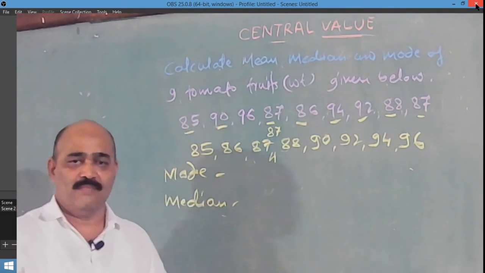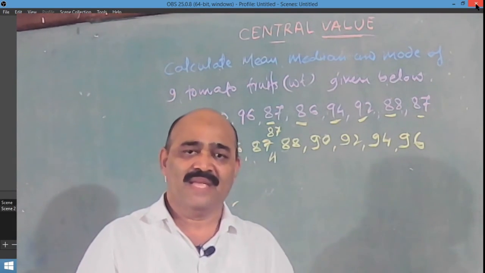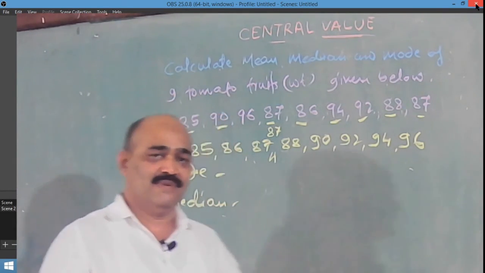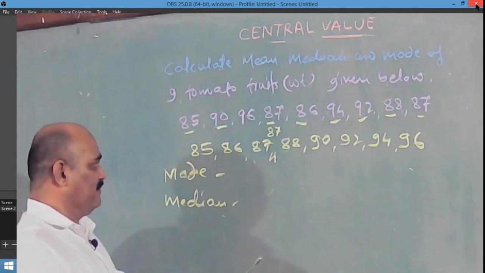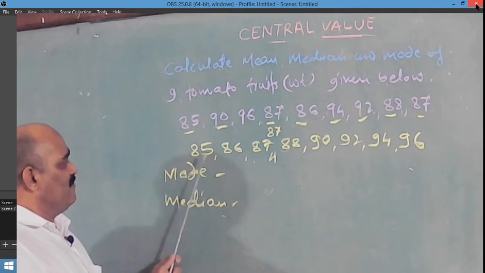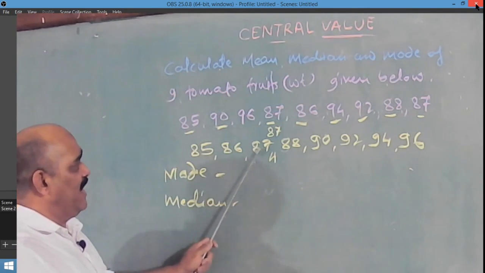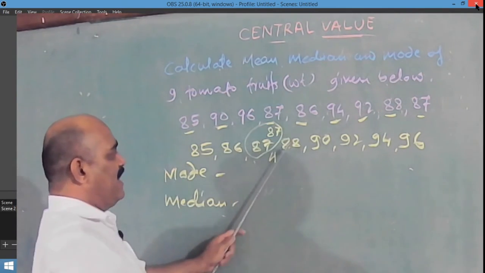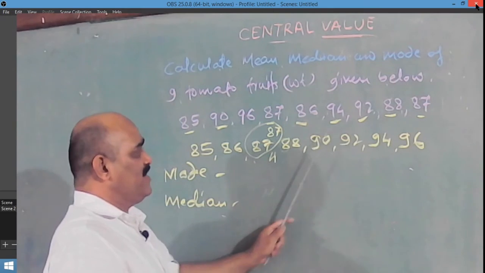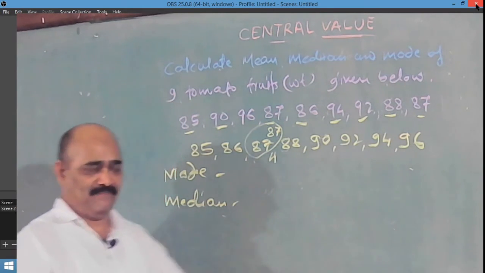What is mode? Mode means the observation that comes most frequently in your data is known as the mode of data. 85 comes single, 86 also single, 87 two times, 88 one time, 90 also one time, 92 one time, 94 one time and 96 one time.